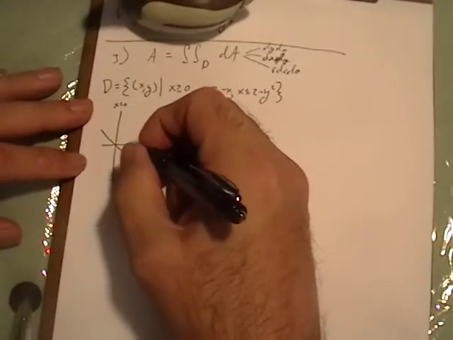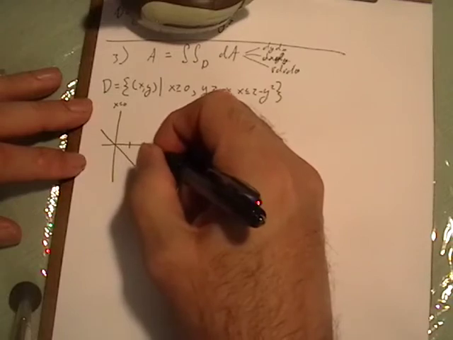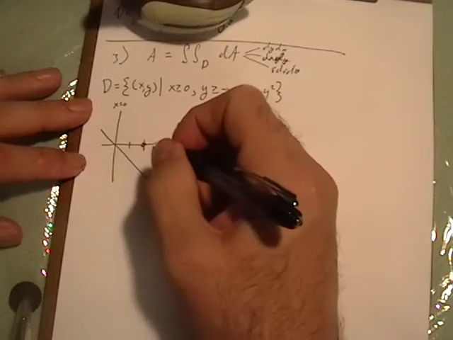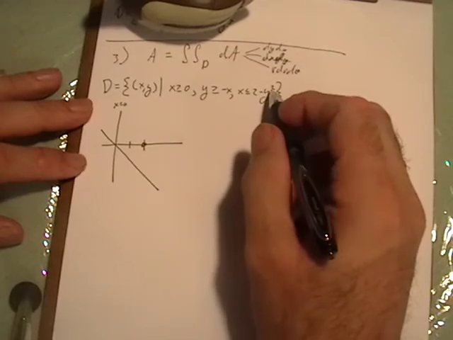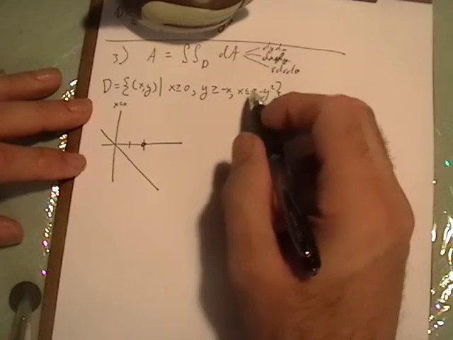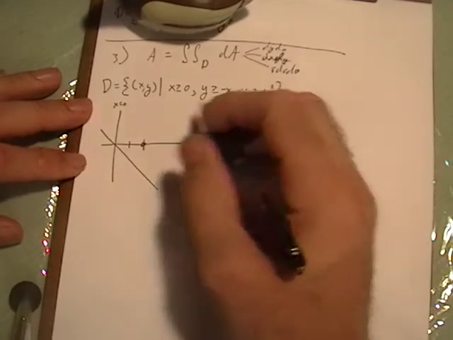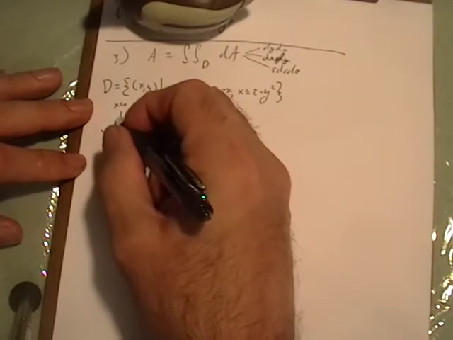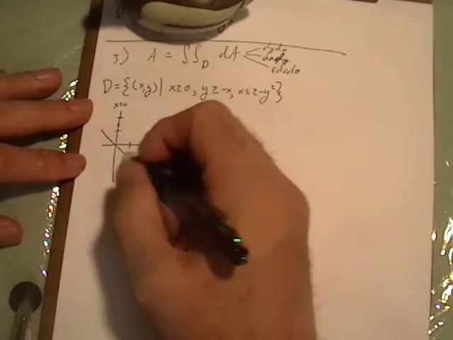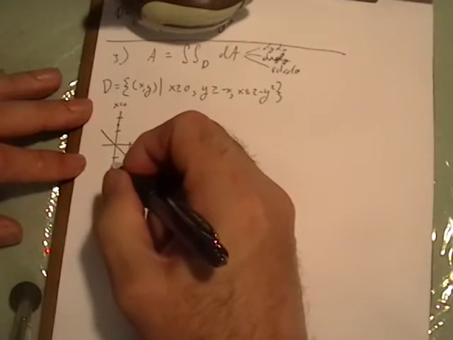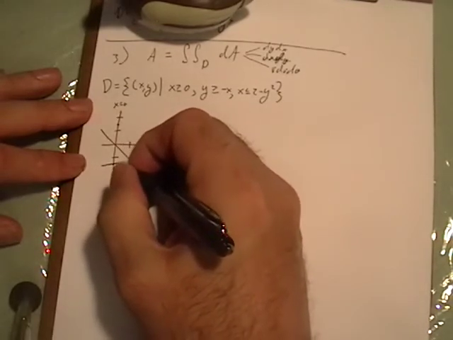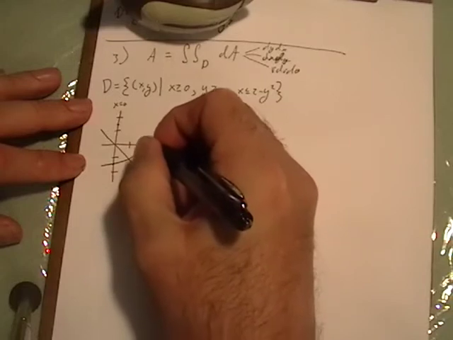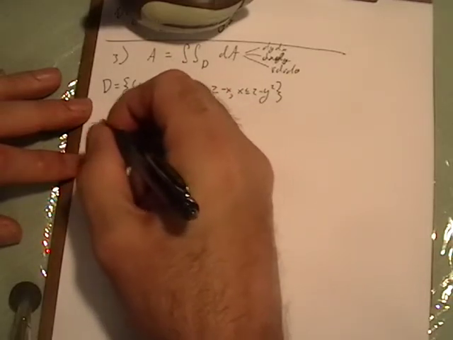If I go over 2 units, I should have the vertex. So if y is 0, x is 2. If x is 0, y would be plus or minus root 2. So let's try to mark in a root 2 there and there. So it should look something like this.